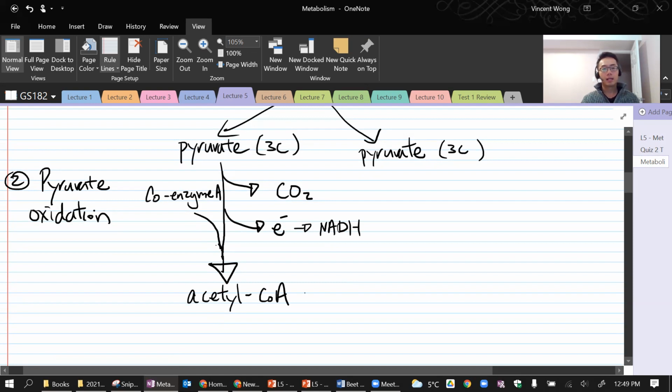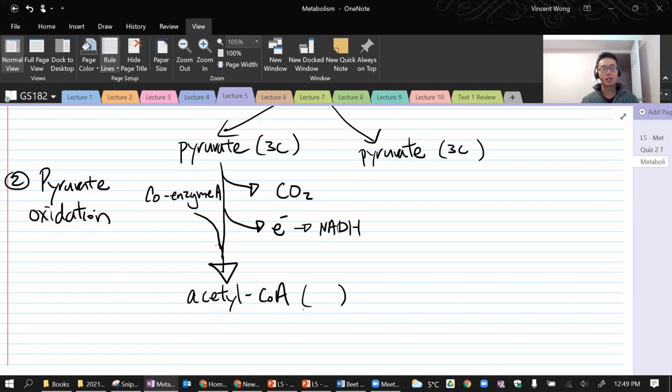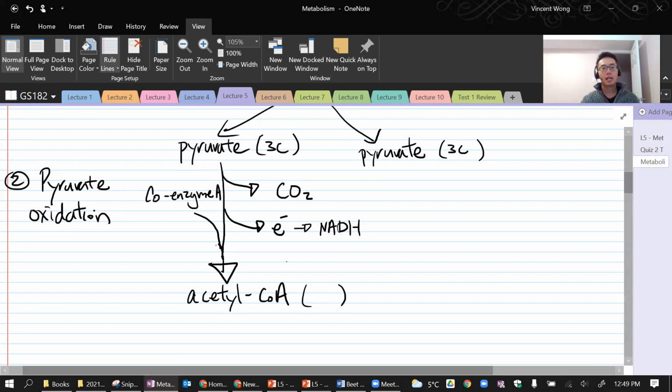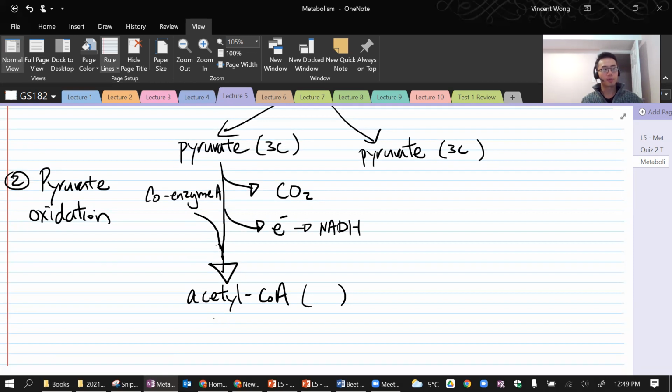So then we're going to have something called acetyl-CoA. Help me out here. How many carbons do we have left from the original glucose? We started with 6 carbons in the glucose. At this point, how many of those original glucose carbons will be left in 1 acetyl-CoA? These are important questions for the purpose of a test.